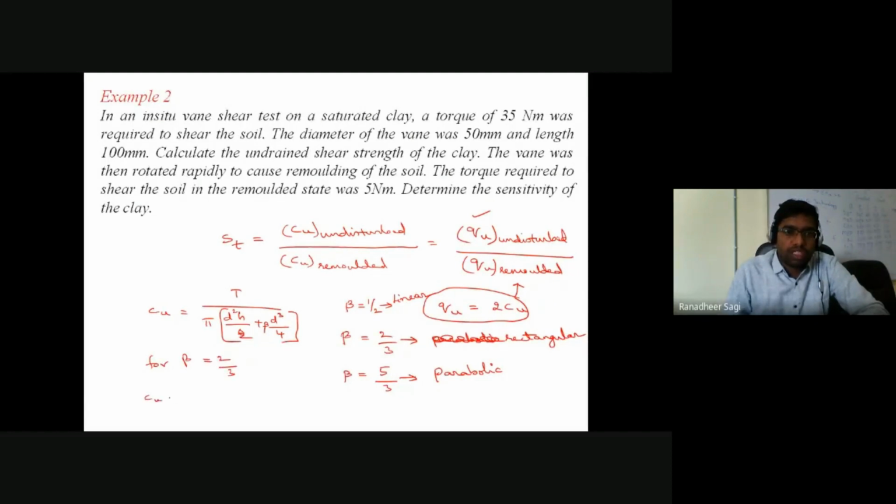My expression for Cu comes out to be T by pi into d square H by 2 plus 2 by 3 into d cube by 4, so that comes out to be d cube by 6. This is going to be my expression for Cu, the undrained cohesion value.